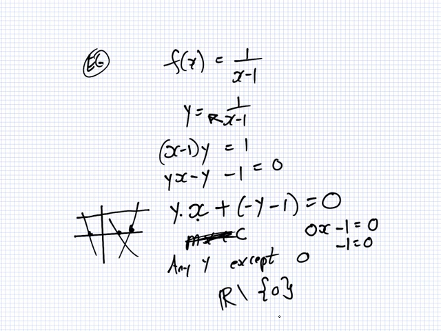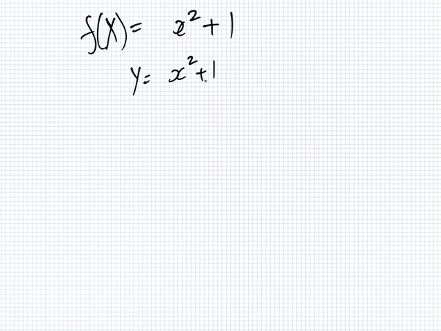Alright, can we do another example? Okay, so let's say we have a quadratic now. f(x) equals x squared plus 1. First step, y equals x squared plus 1. Equals 0.